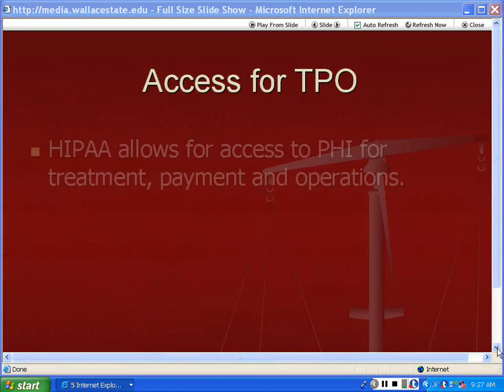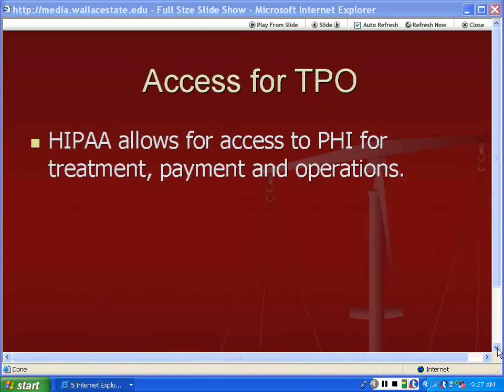Now, access for treatment, payment, and operations. HIPAA allows for this. Remember, we've gone over this with HIPAA. So within the facility for treatment, payment, and operations, we don't have to have a special consent from the patient, although we do have to give them a privacy notice and tell them how their health information, their PHI, may be used for treatment, payment, and operations.